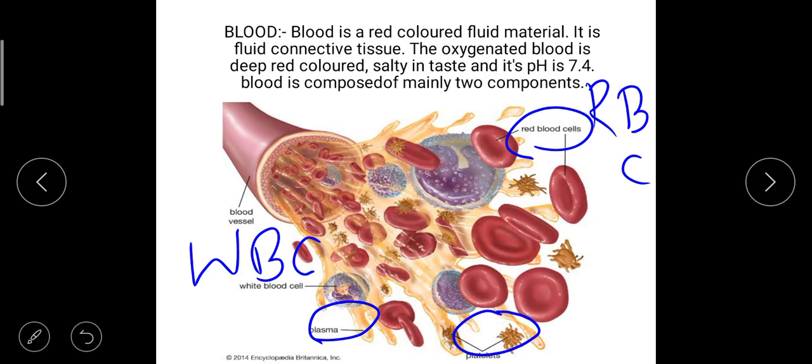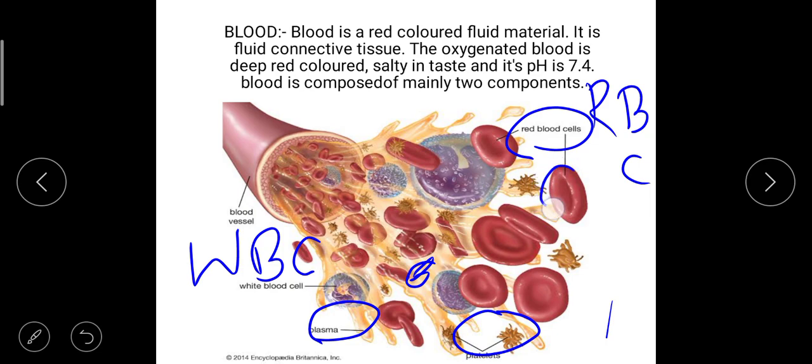Plasma is a pale yellow colored fluid. As you can see in this picture, it is a pale yellow fluid and it contains 92% water, proteins and small amounts of salts. The red blood cells, known as RBCs, are circular enucleated cells, meaning they do not have a nucleus.